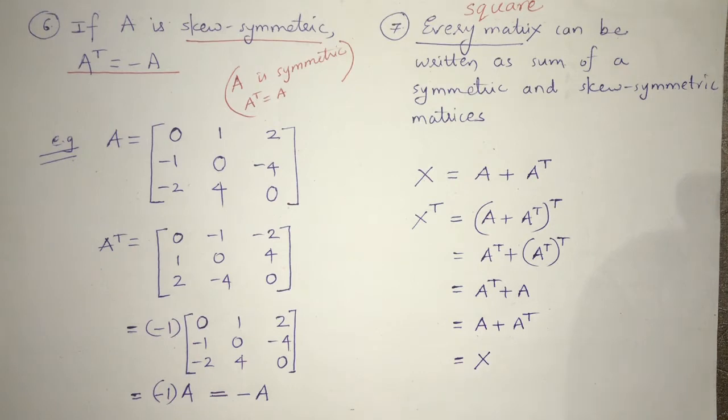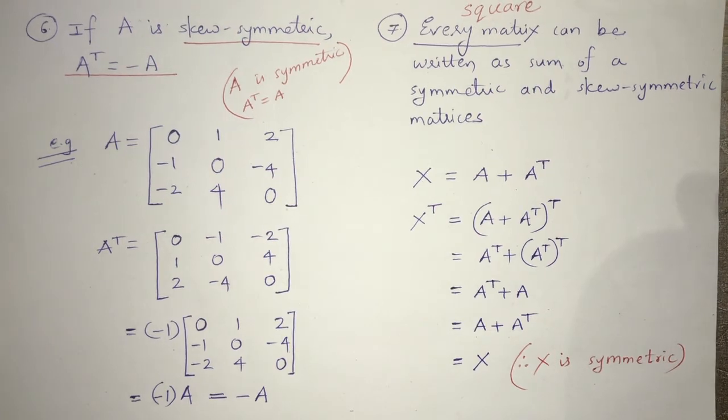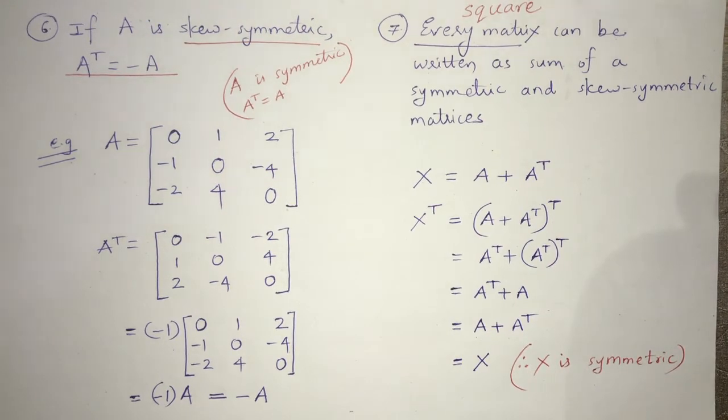What does that mean? It means X is symmetric. X transpose is X, that means X is symmetric. So that is the first step.